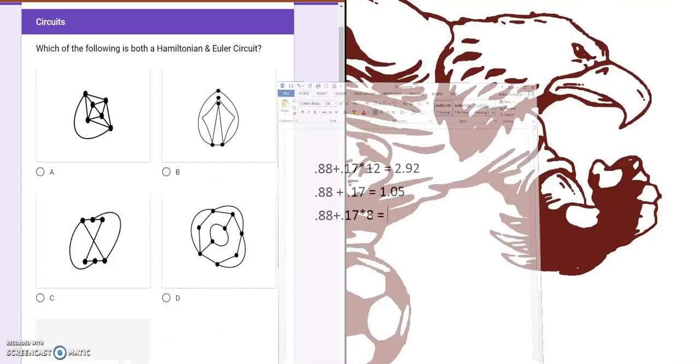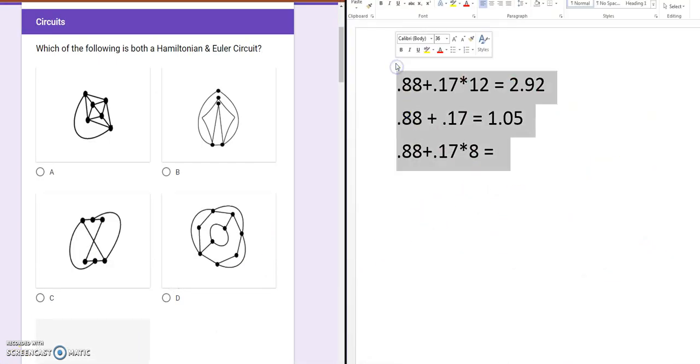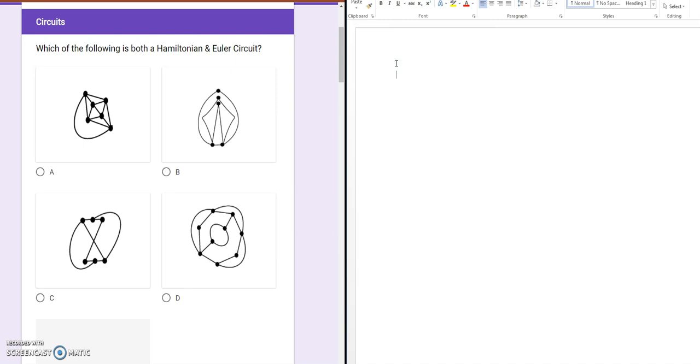All right, so here we're trying to look at what is a Hamiltonian and an Euler circuit. A Hamiltonian must pass through each vertex exactly once and end where you begin.